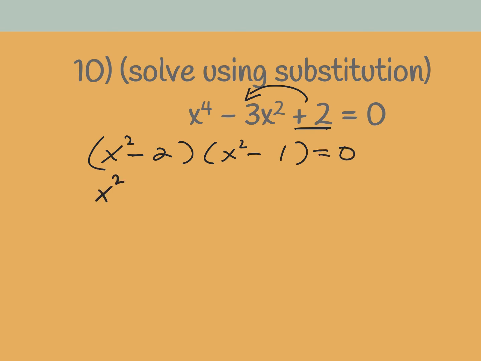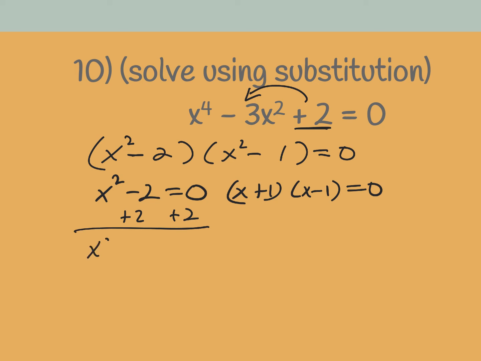This one cannot be factored anymore, so just set it equal to 0. This one I can factor into x plus 1, x minus 1. You could also just set it equal to 0. Just remember, you're going to get a plus minus. Add the 2. X squared equals 2. Square root it. X equals plus and minus square root 2.